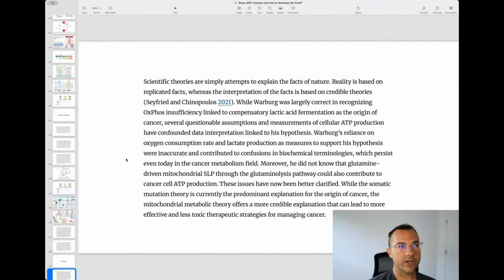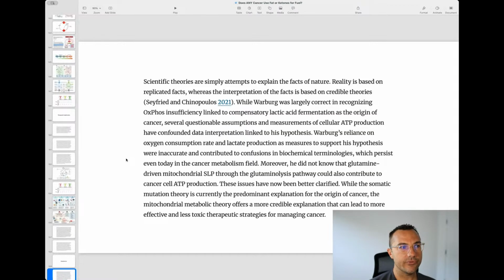Warburg's reliance on oxygen consumption rate and lactate production as measures to support his hypothesis were inaccurate and contributed to confusion in biochemical terminologies, which persist even today in the cancer metabolism field. Moreover, he did not know that glutamine-driven mitochondrial substrate-level phosphorylation through the glutaminolysis pathway could also contribute to cancer cell ATP production. These issues have now been better clarified.